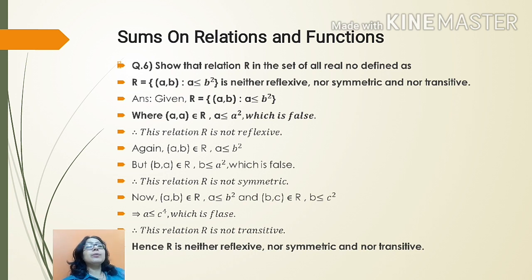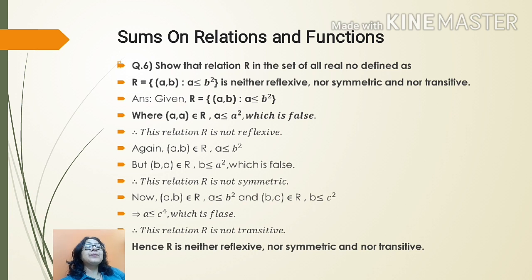So this relation R is not reflexive. Next, (a, b) belongs to R, so a less than or equal to b squared is true. But if (b, a) belongs to R, then obviously b is less than or equal to a squared. But from the previous one, it is not true. So this is false. That means relation R is not symmetric.